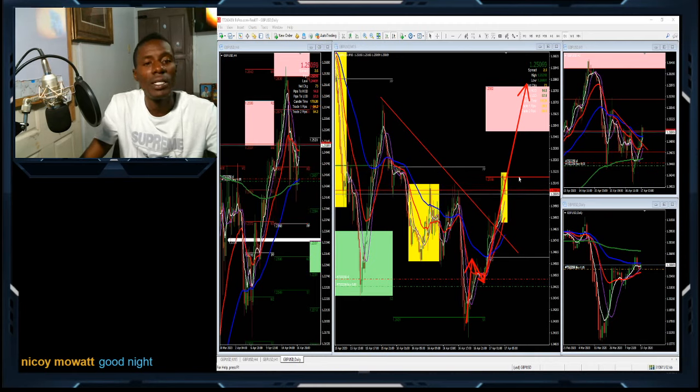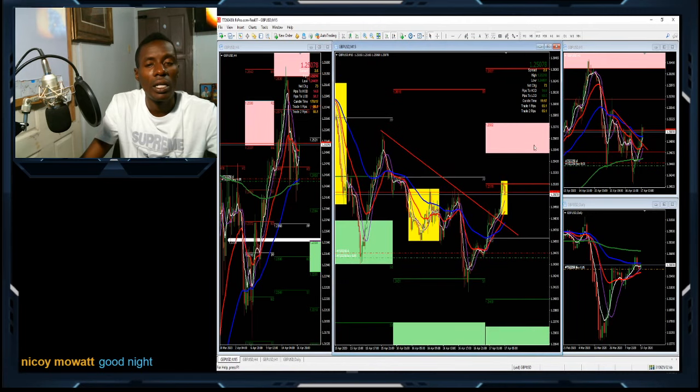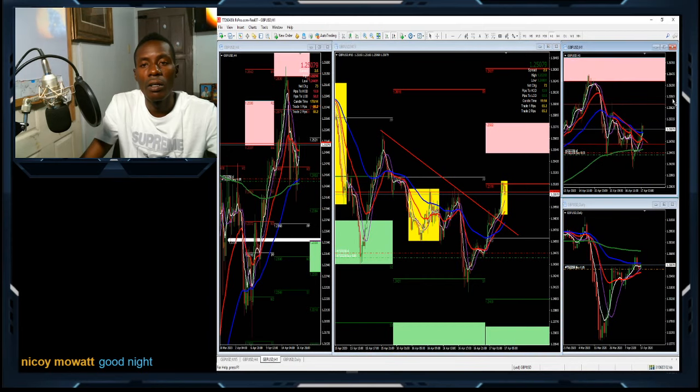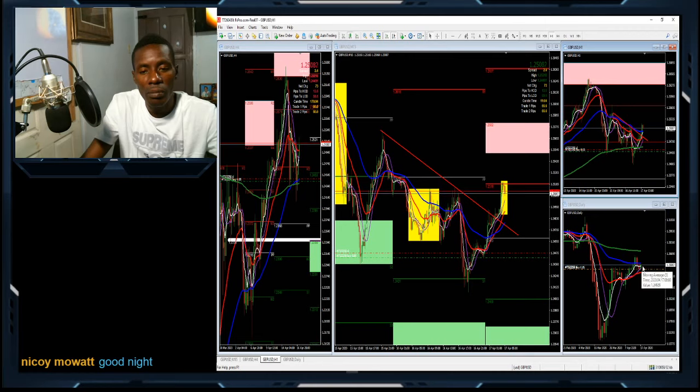So with that being said, I'm expecting a continuation of risk on for the remainder of the week, or within the next week or 2 more weeks. Let's see how far price takes us. We have the daily right here that I mentioned earlier on.